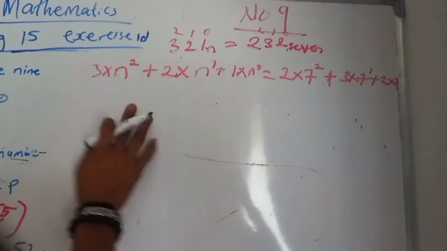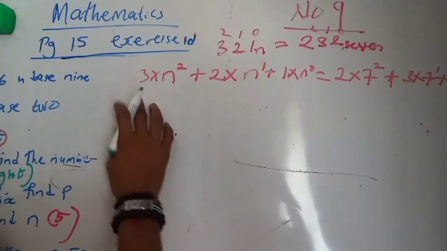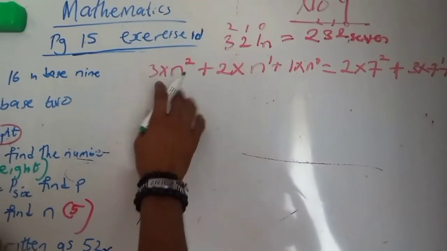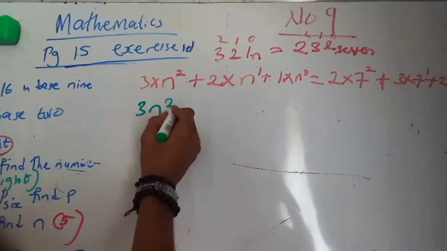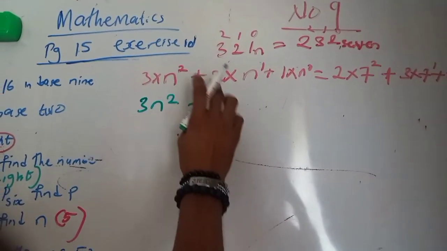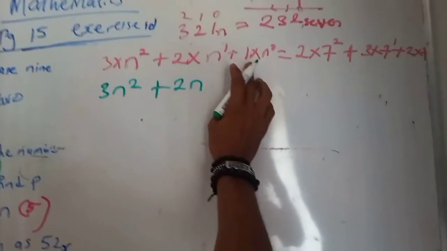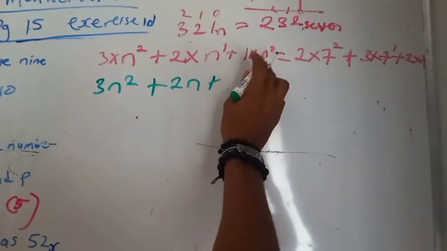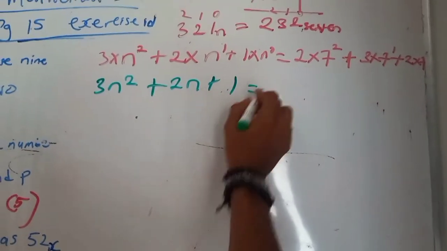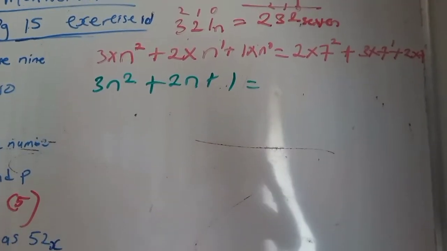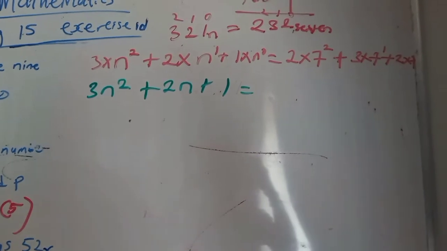We clear brackets, or we group them. So 3 times n squared is 3n squared. Just group them. Plus 2 times n is 2n. Plus 1 times n raised to power 0 is still 1. Equals, we now have 7 raised to power 2, which is 49.